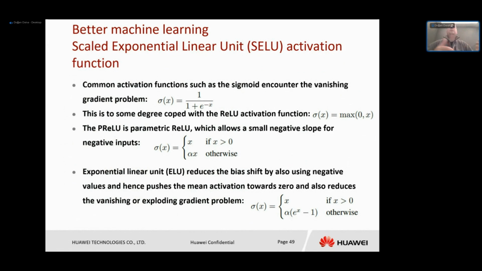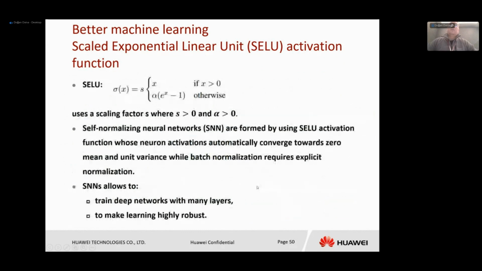PReLU is parametric ReLU and allows negative values, which is another activation function. Exponential linear unit is also another activation function that allows negative values, which is given at the bottom right. And scaled exponential linear unit multiplies the exponential linear unit ELU with S, where S is larger than 0.